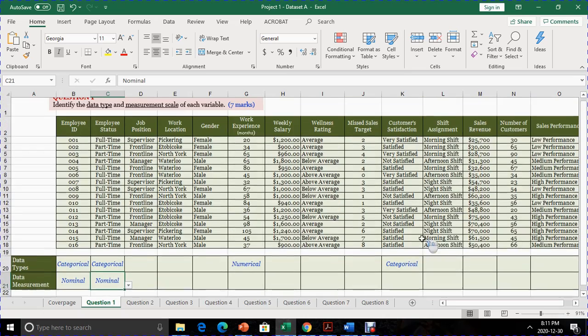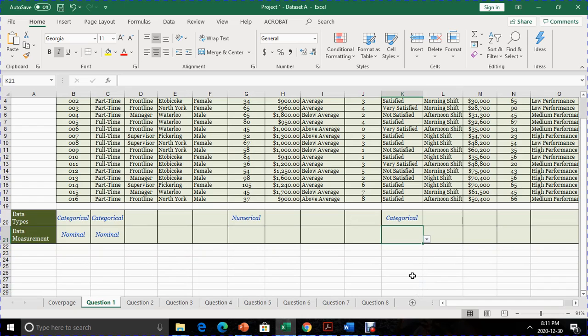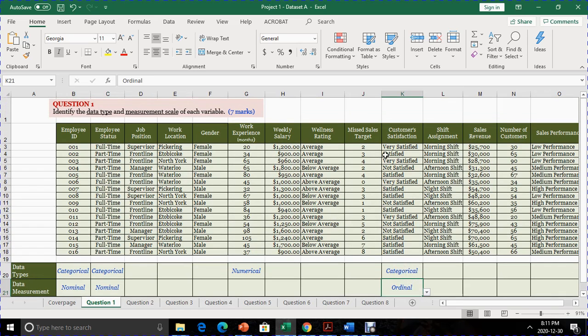Then when it comes to customer satisfaction, here you may have an ordinal scale, because this is a situation where you have categorical data that you can rank from the least to the highest, in that not satisfied and very satisfied can be put on a scale which measures the degree to which a customer is satisfied with the services being rendered.